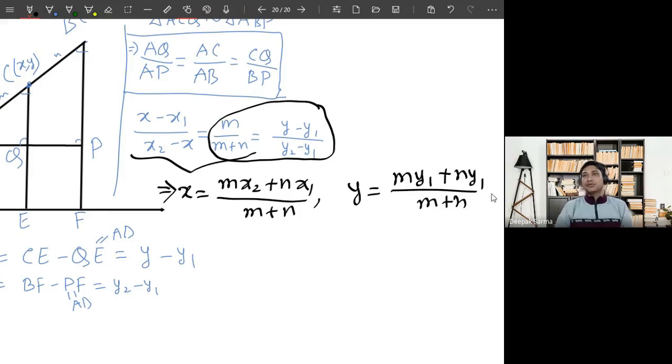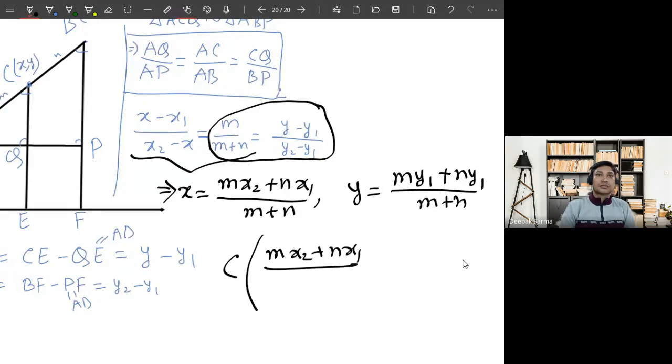In terms of the known symbols, I can find X and Y. That is, the coordinate of C is X, Y. So otherwise, I can write the coordinate of C as (M X2 plus N X1) by (M plus N) and (M Y2 plus N Y1) by (M plus N).